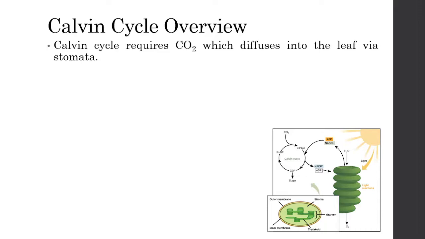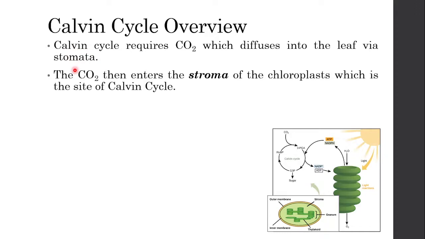CO2, as we know, comes from the aerial portion of the plant and diffuses into the leaf via the stomata, which are the pores that you will find in your plant. This CO2 then enters the stroma of the chloroplast.